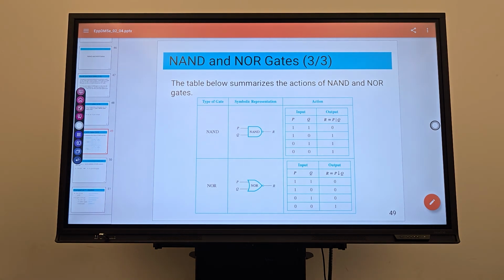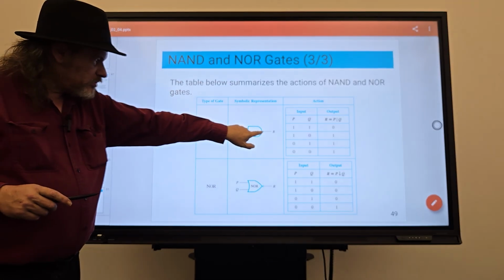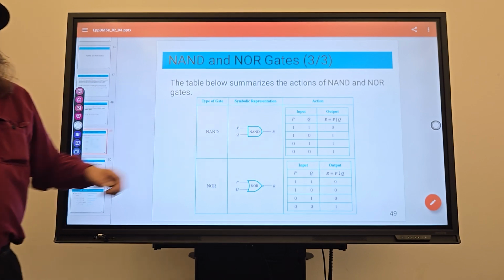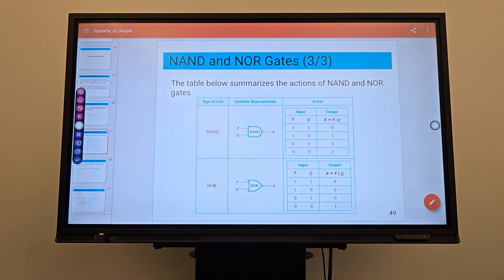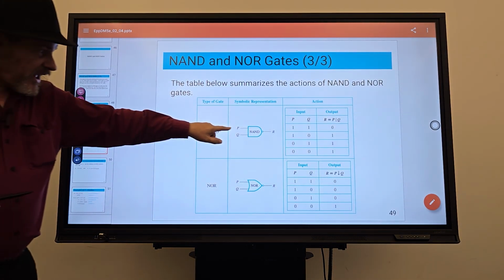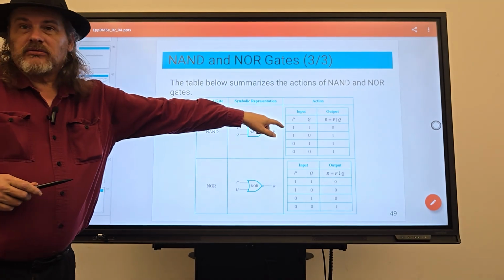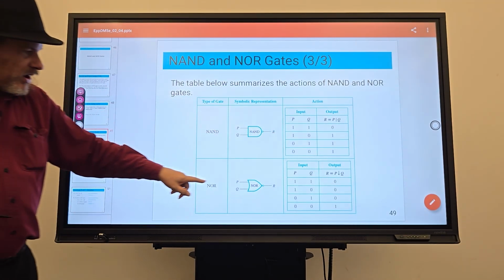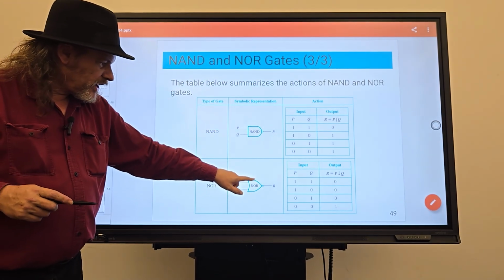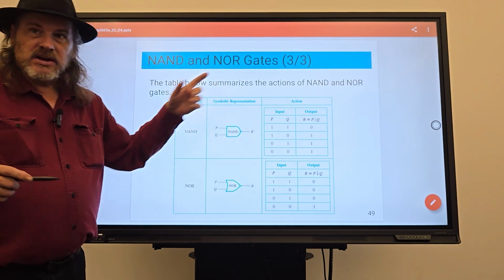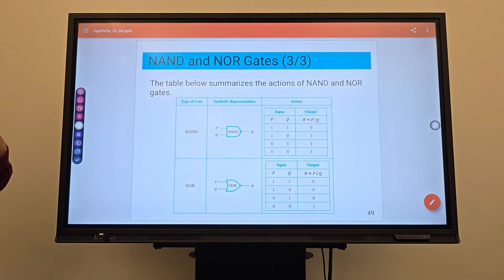The NAND gate looks like an AND gate, but it has a little bubble. The little bubble indicates that the output is inverted. So it is an AND gate, but the output is inverted. Likewise, the NOR gate is an OR gate with the bubble indicating an inverted output, and therefore it is a NOR gate.